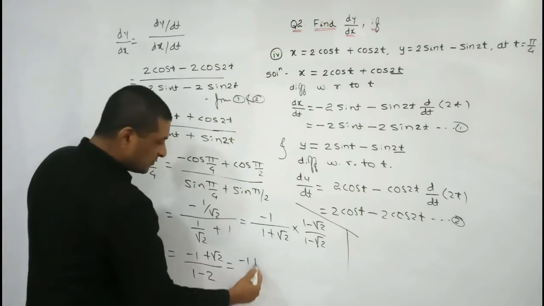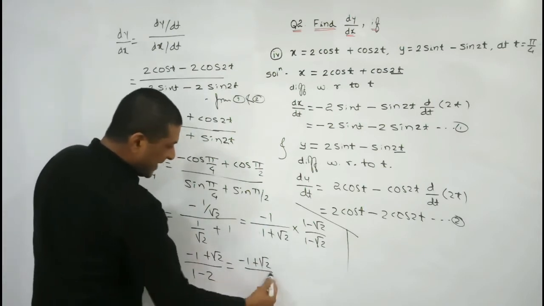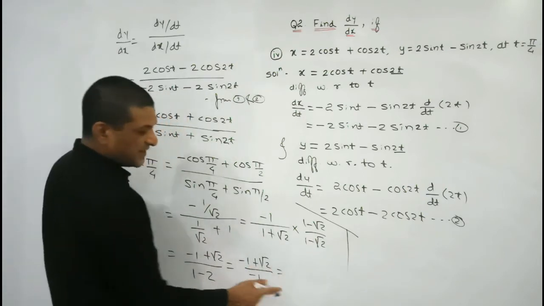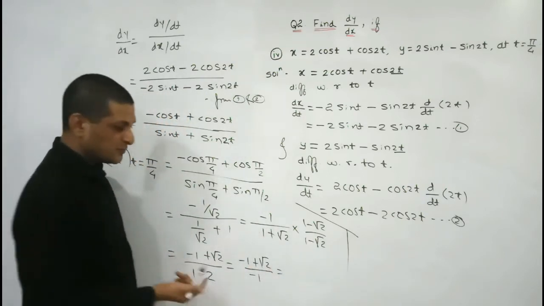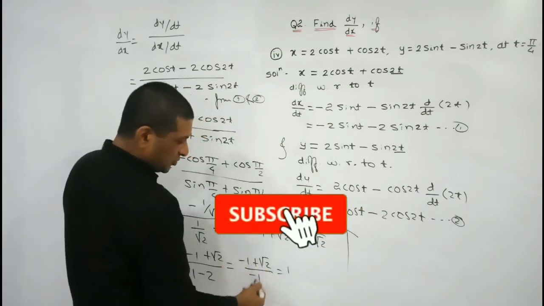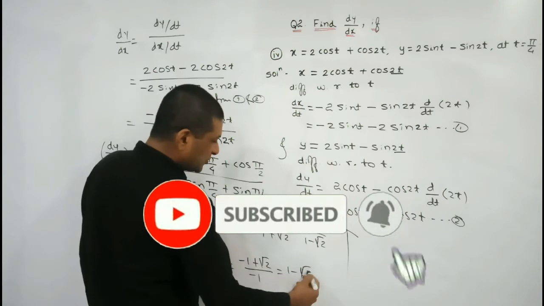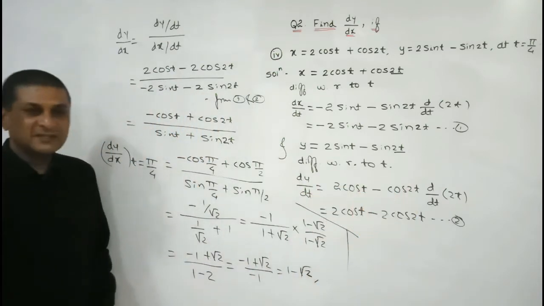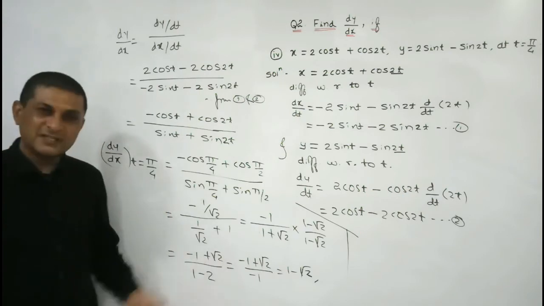So which is equal to minus 1 plus root 2 divided by 1 minus 2, which is minus 1. Now if I divide both the terms separately by minus 1, let us see what we will get. Minus 1 will get cancelled, we will get 1, and root 2 upon minus 1 will be minus root 2. So 1 minus root 2 will be the value of dy by dx at t equal to pi by 4.